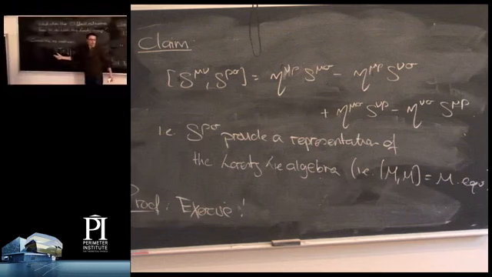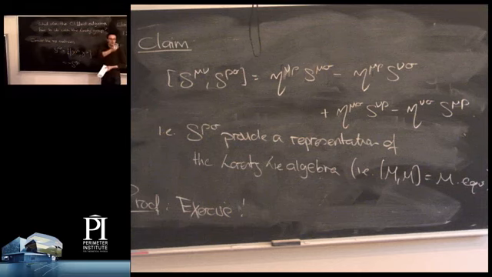You could, of course, but this proof doesn't require you to do that. All it requires you to use is the property of the gamma matrices, meaning that they obey the Clifford algebra. They anti-commute to give 1 or 0, depending on the eta mu nu. Okay? So given this definition of the S's and the fact that gammas obey the Clifford algebra, you can prove that this is true. Okay?